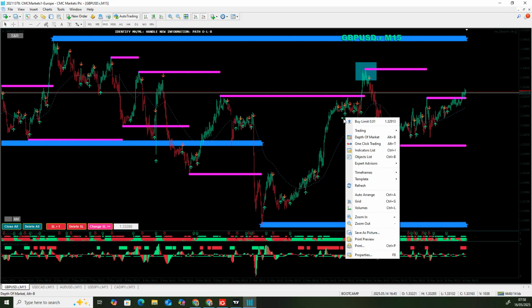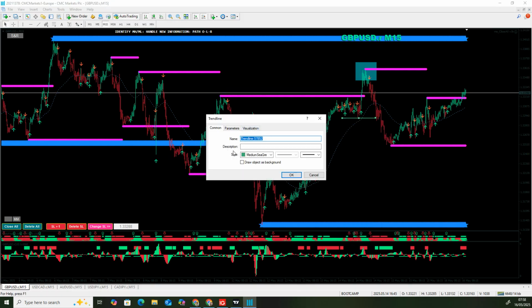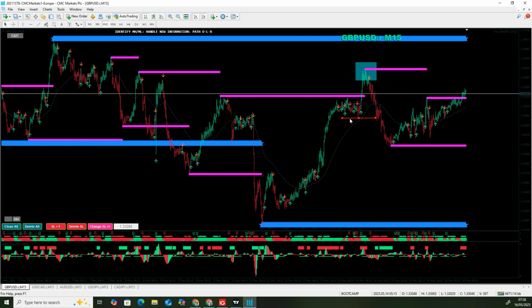Okay, it's almost 8 o'clock, London session opening. We have come above this lower high. So if the price starts to fail, we can start to enter. I will not enter the trade below or above 133.04.